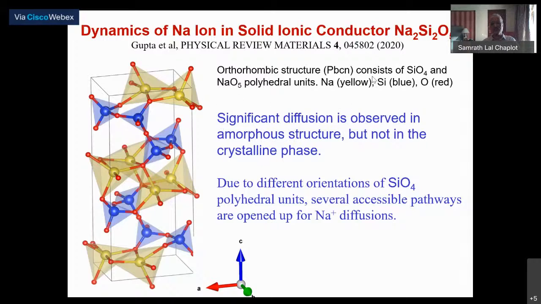There is also an amorphous silicate analog, and in that structure, diffusion is actually observed. It's not observed in the crystalline phase, but you can simulate an amorphous structure.